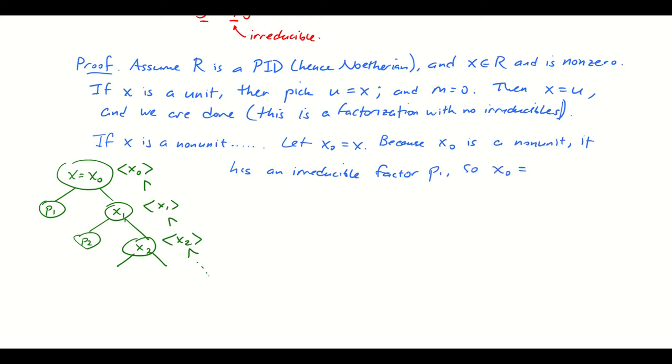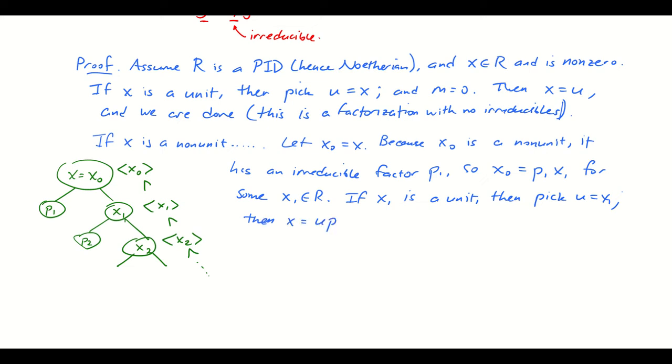So x naught equals p1 x1 for some x1 in R. If x1 is a unit, then pick u to equal x1. And then we have x equals u times p1, and we are done.